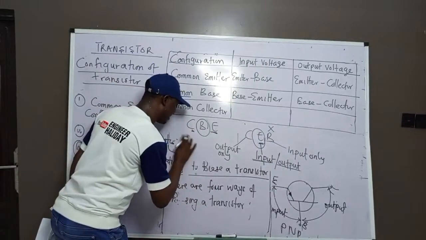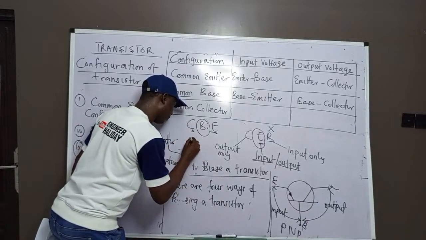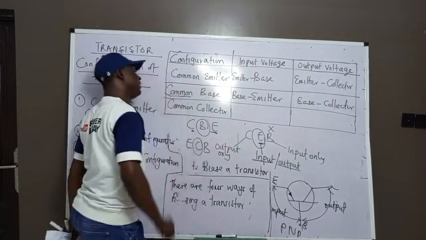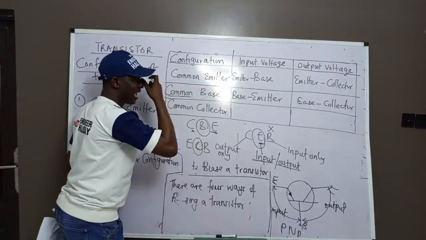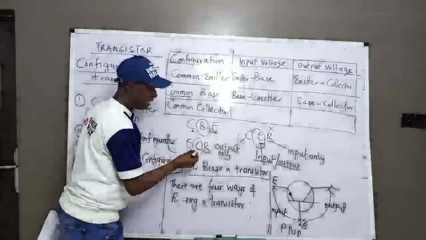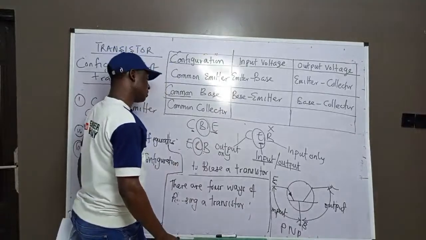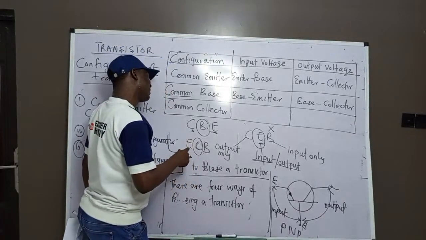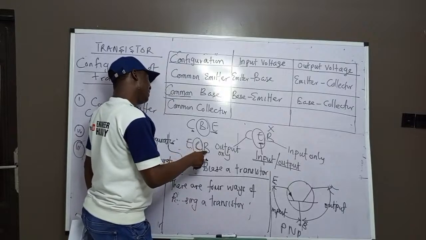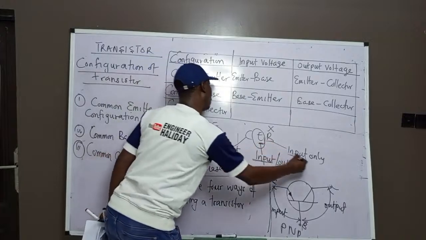Now, let us fix the collector. We have one collector to be fixed now. If we fix the collector, which competition are we now having? We are having competition between the emitter and the base. The output will not be the emitter, while the base can only act as input.